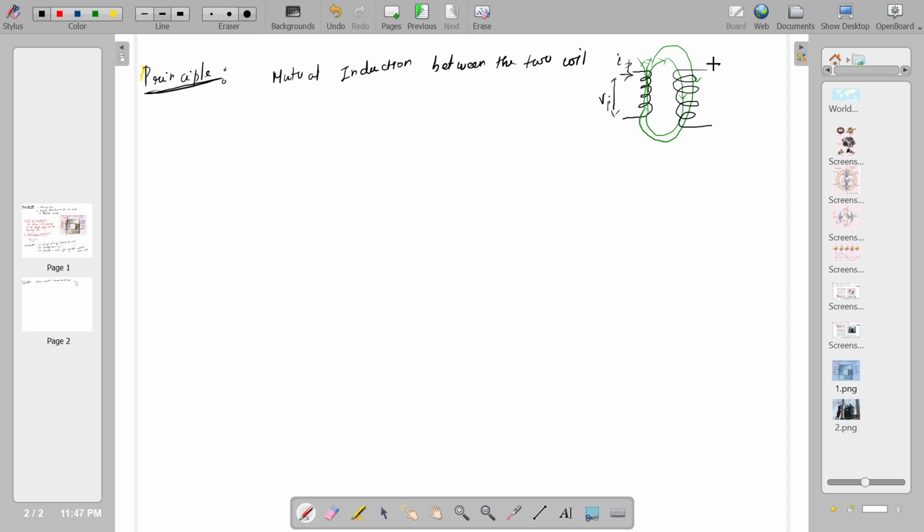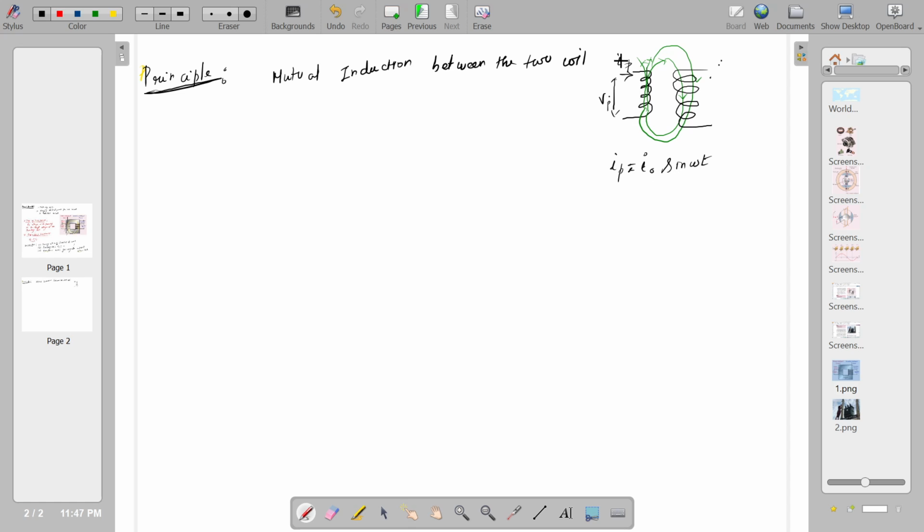What would happen? This is an alternating current we are giving to the primary, so it will change direction with respect to time. Initially the flux will be going up, and since IP is an alternating current, IP equals I0, the maximum amplitude of the current, times sine omega t or cos omega t.